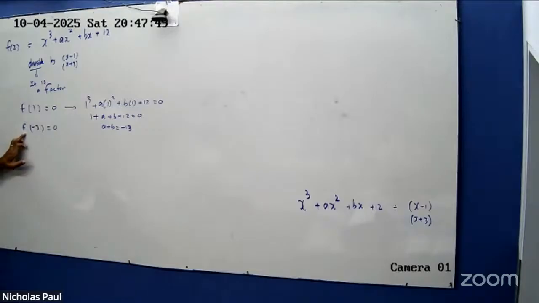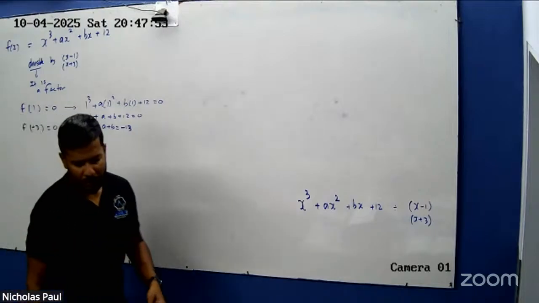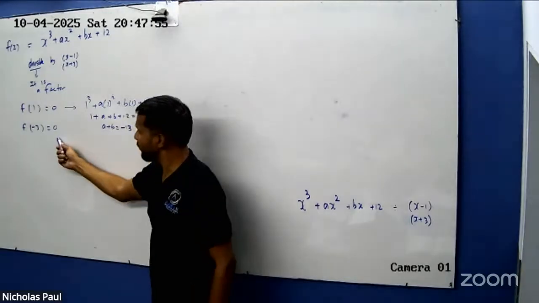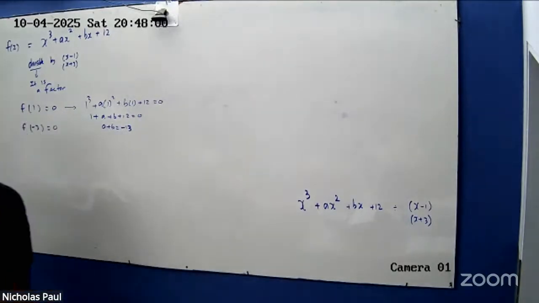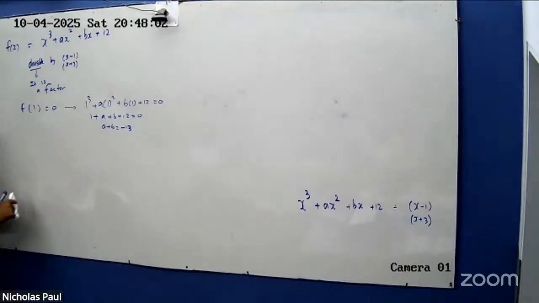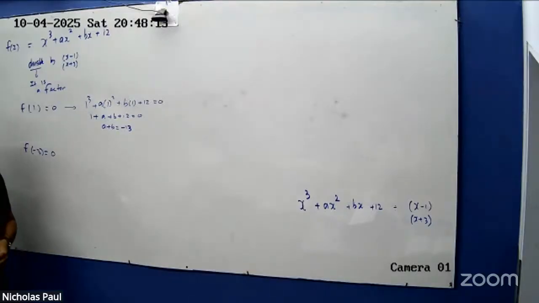Try this one on your own. Let's see what you got. What do you do with those two equations after? After you get this and the next one, what are you going to do? Well, solve simultaneously.